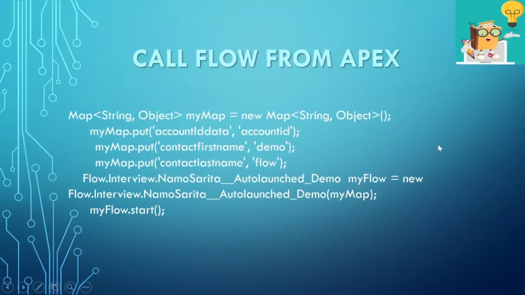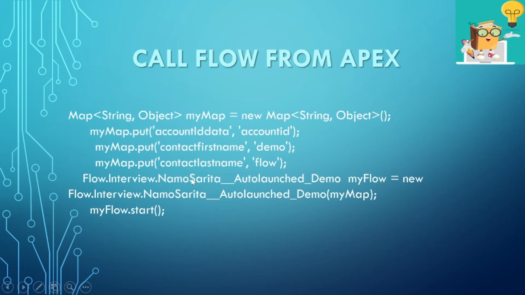Now to call a flow from Apex, here is the syntax what you are seeing on the UI. Basically what you need to do is you need to create first a map of string, and then it will be an object. The string will be the key, basically your flow variable name what we had created in our flow, that is account ID, data, contact first name, contact last name, and then you need to create an instance of the flow.